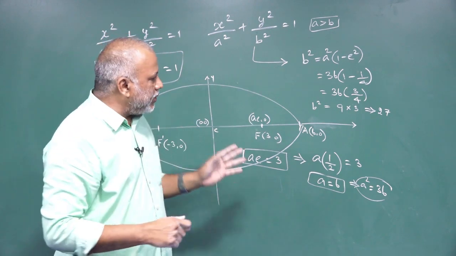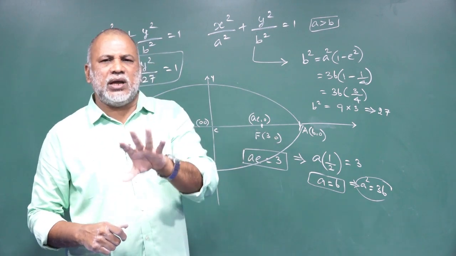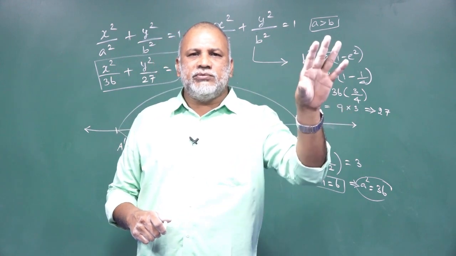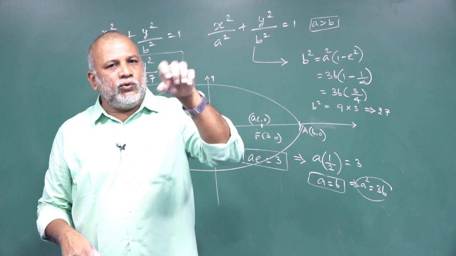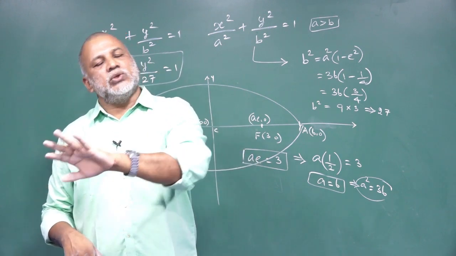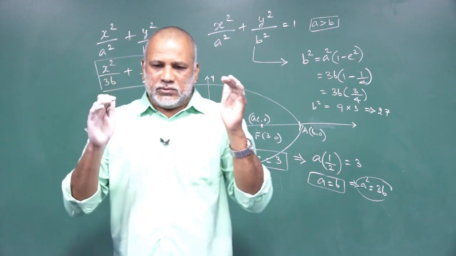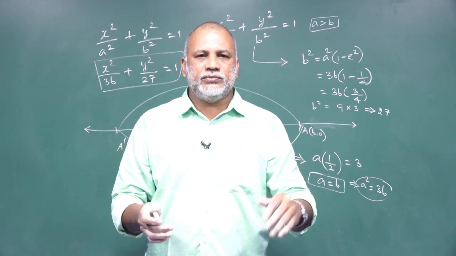So take down these two questions. Carefully listen, these two questions are the same model only. In the first question, the given data are vertices and also foci. In the second question, foci and E. So you can be given any two data. From the two data, develop the logic. Try it yourself.